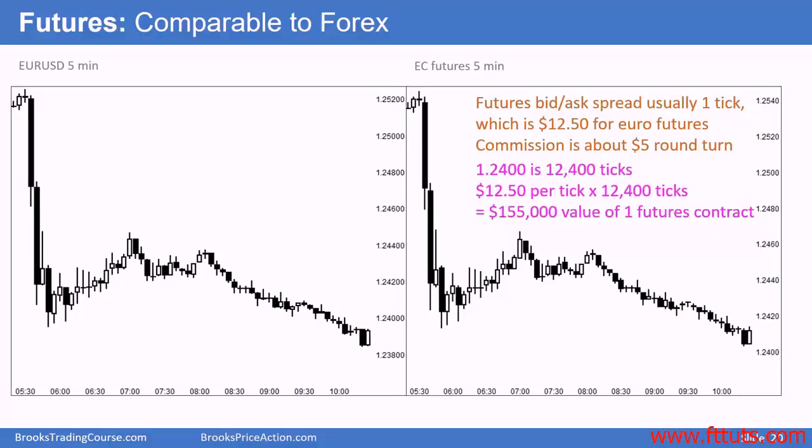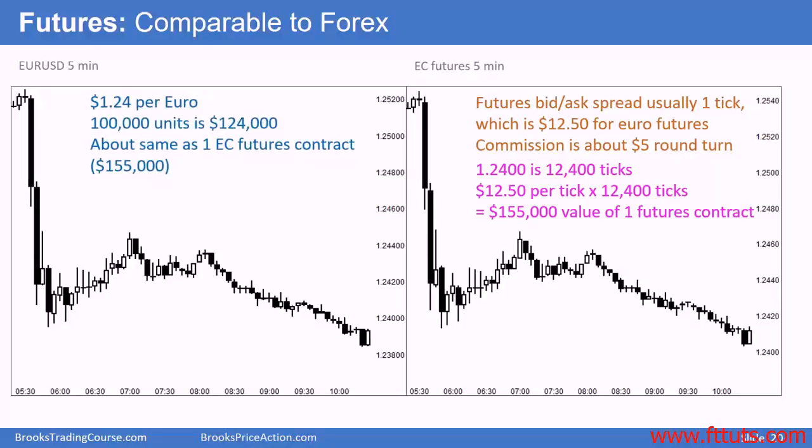So let's say you're trading at this particular price. You got 1.24, which is 12,400 ticks, at $12.50 a tick times 12,400 ticks. So the value of this Euro futures contract is $155,000. Every contract is worth $155,000.